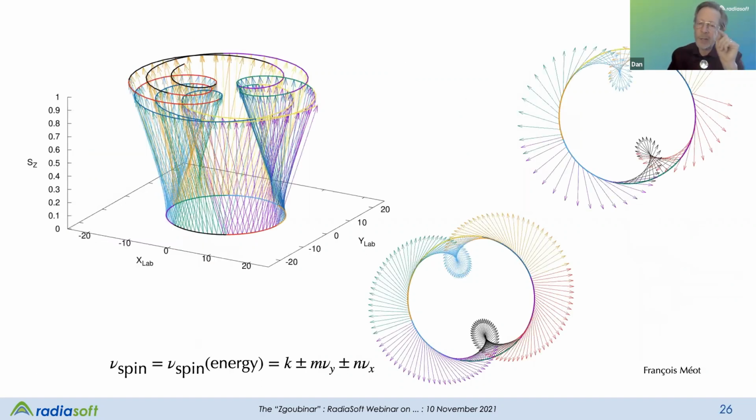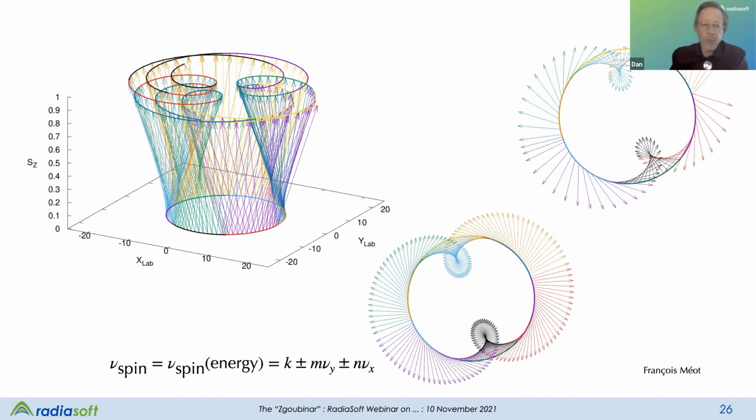On the left here, you see an image of what the spin vector looks like as the particle circulates multiple times around the ring. At the upper right, you see a bird's eye view of the same motion, but now showing the spin precession over the course of a single turn, starting at about 2 o'clock.